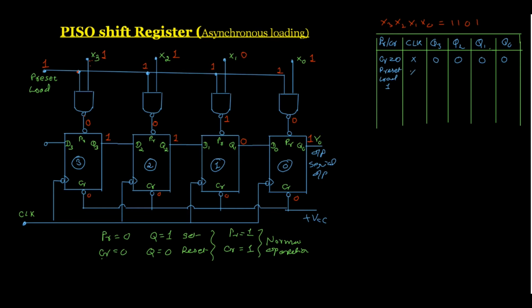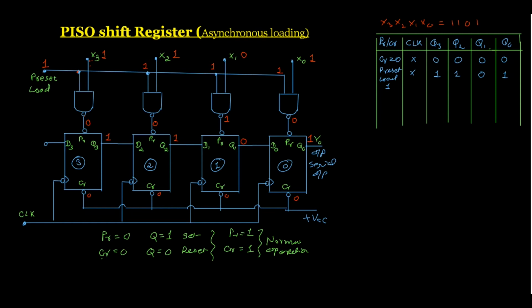We are not applying a clock, then the outputs Q3, Q2, Q1 and Q0 become 1, 1, 0 and 1. Correct? So in this way we have to load this data. This is the asynchronous loading where we are not using a clock.